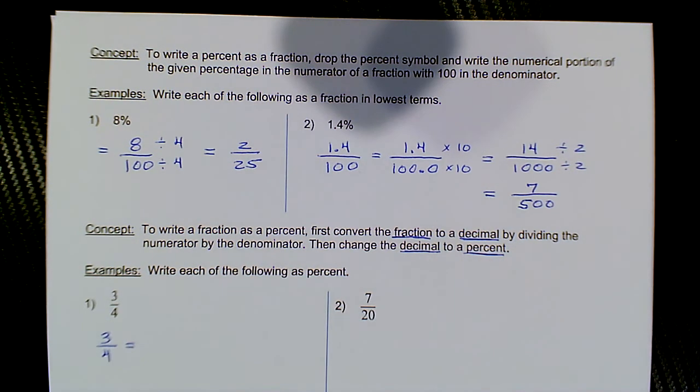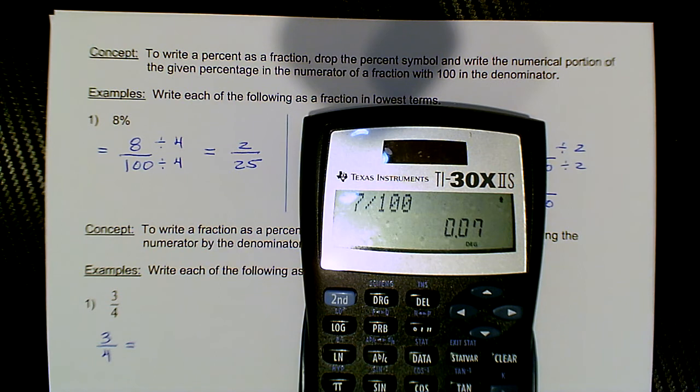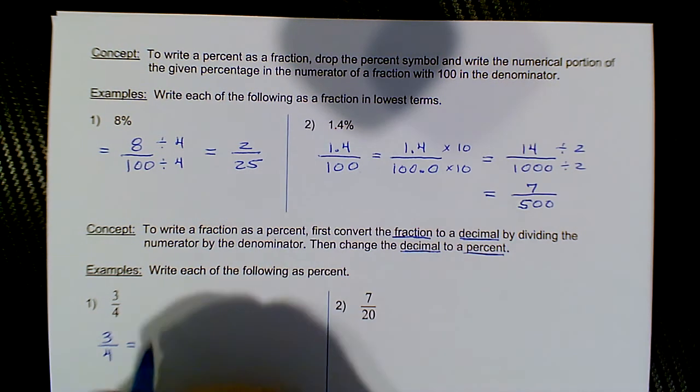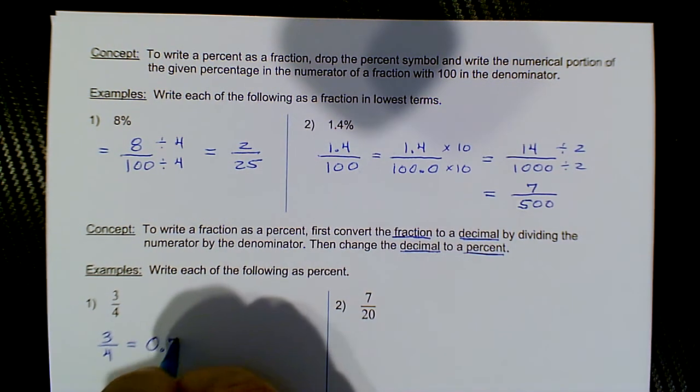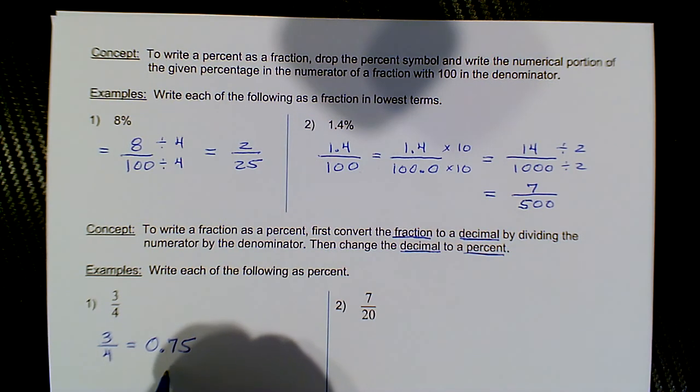3/4 is equal to, okay, it's just simply on your calculator, 3 divided by 4. Kind of insulting to show you that, but just so we see it, 3 divided by 4 is 0.75. And then we want to change that to a percentage.